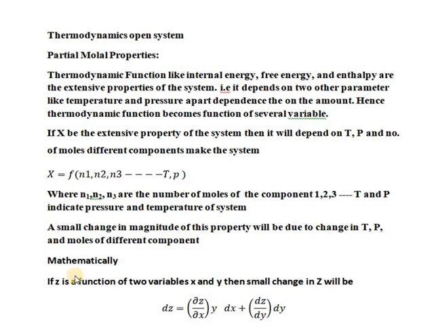Mathematically, if z is a function of two variables x and y, then a small change in z is dz = (∂z/∂x) at y dx + (∂z/∂y) at x dy.